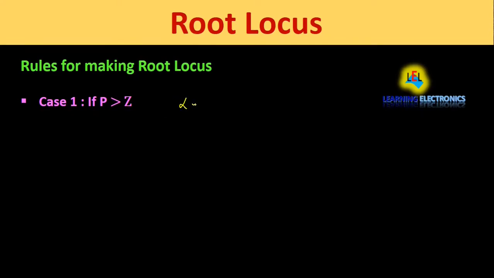So we will assume that the number of poles is equal to 4 and the number of zeros in the transfer function is Z equal to 1. So here we are getting P greater than Z. In this case, what will happen? The number of branches of the root locus is represented by N, which is equal to 4. The one which is greater, that we have to take as the number of branches.